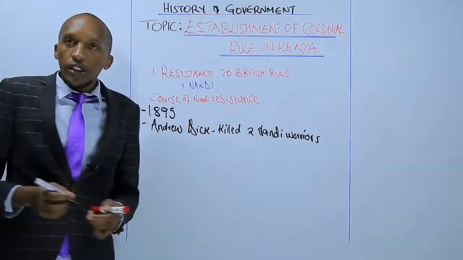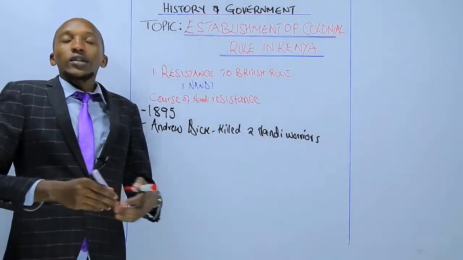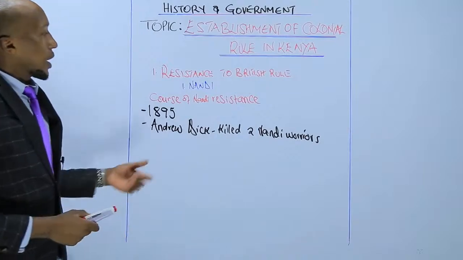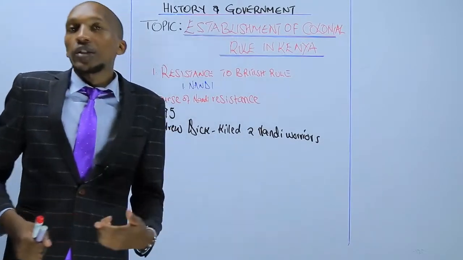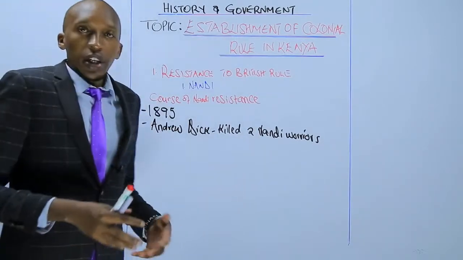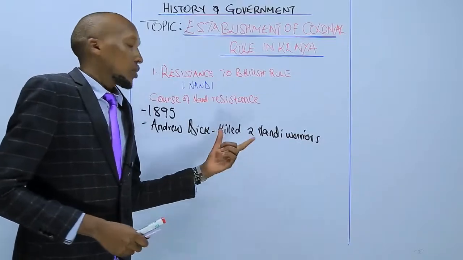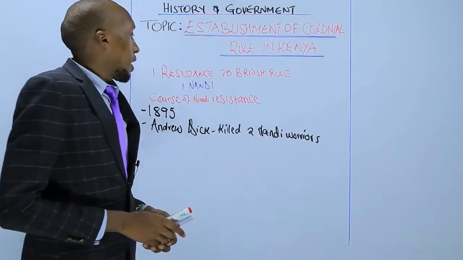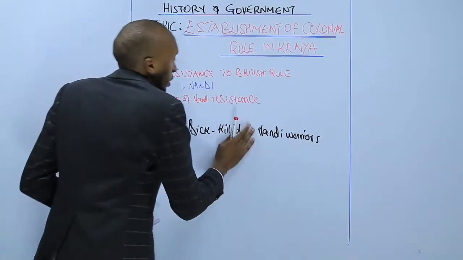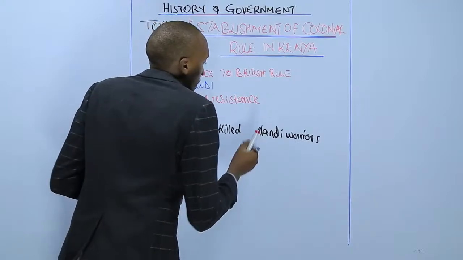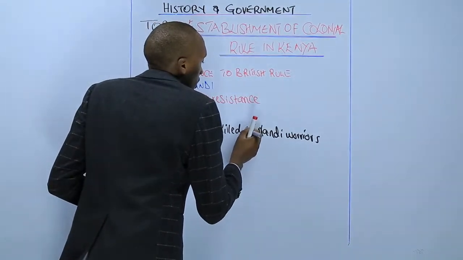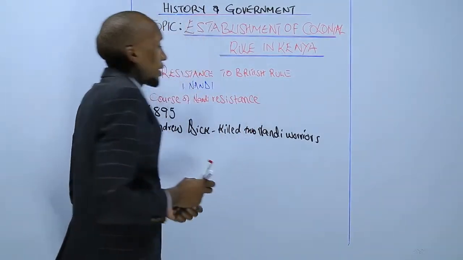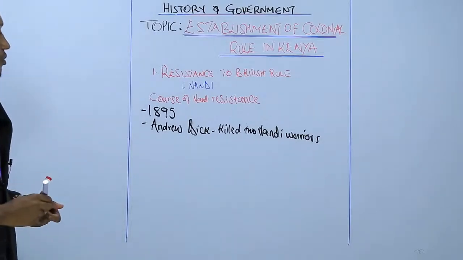This was a British trader. So in his camp, he met two Nandi warriors who were working in his camp, and decided to kill them.